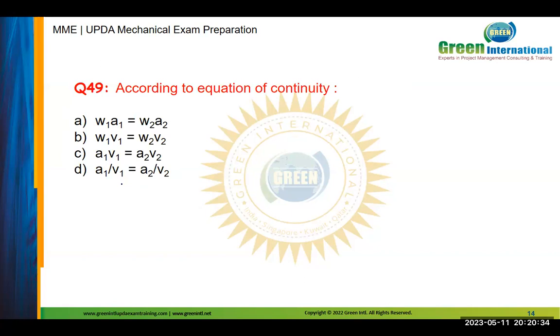But normally in the exam it comes with relation to speed. If it comes to diameter, no problem, the same relation applies.